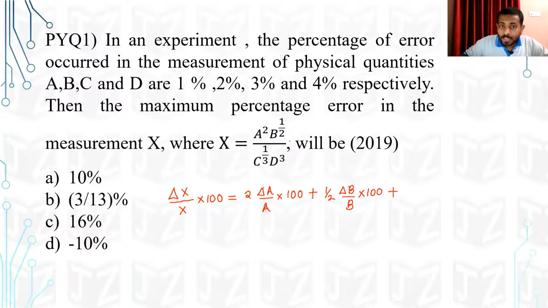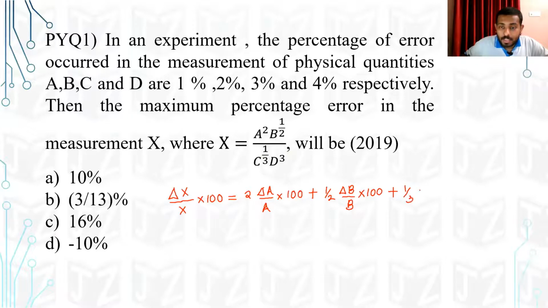Why did we take plus here? Some students have a doubt that we should keep minus when we deal with quantities in the denominator. No, because in error propagation, when a quotient is there, the relative error is taken as the sum of the relative errors. So we have to take it as plus.